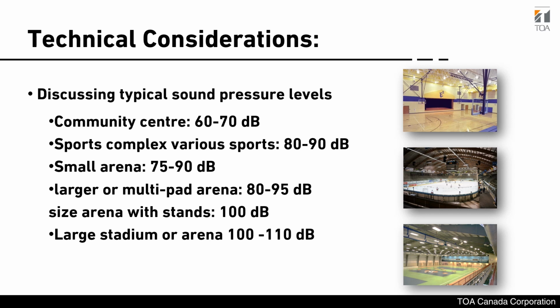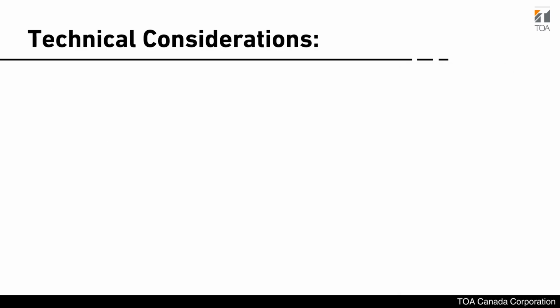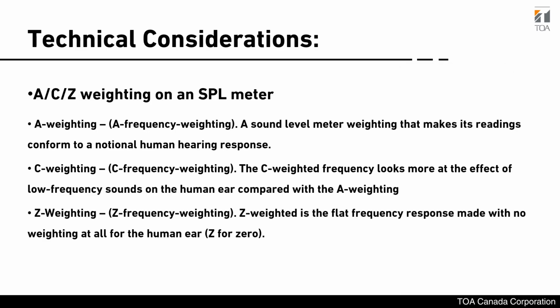Let's go over some key terms related to weighting on an SPL meter. A frequency weighting adjusts sound measurements to match human hearing sensitivity, covering 20 Hz to 20 kHz. It's the most commonly used standard.